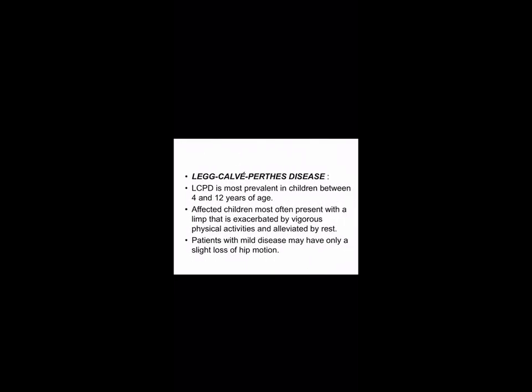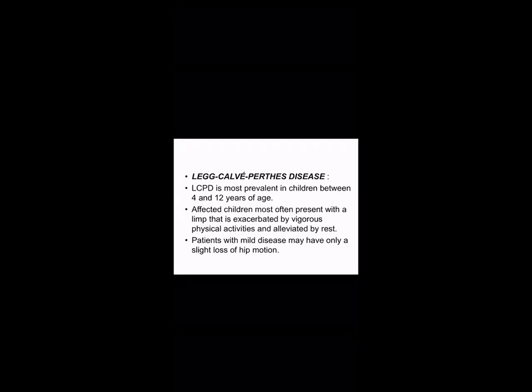Legg-Calvé-Perthes disease is another cause of limping. It is usually in the age group of children from 4 to 12 years of age. It will be exacerbated by vigorous physical activity like playing or jumping, and will be alleviated by rest.